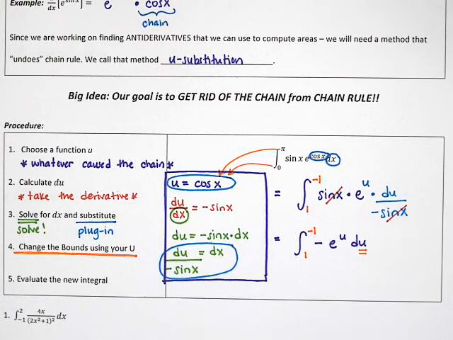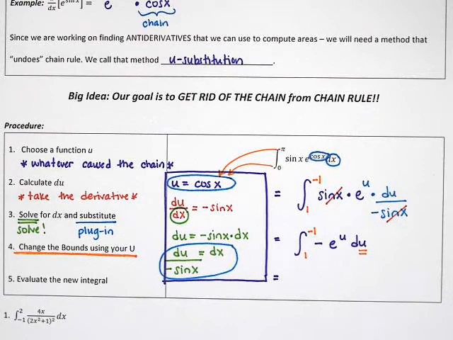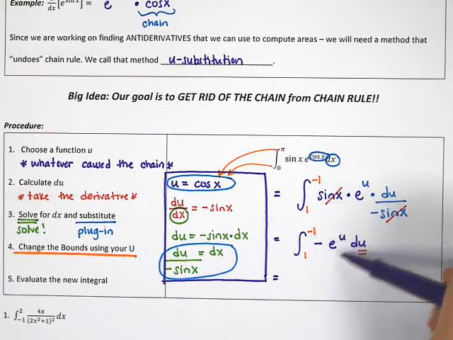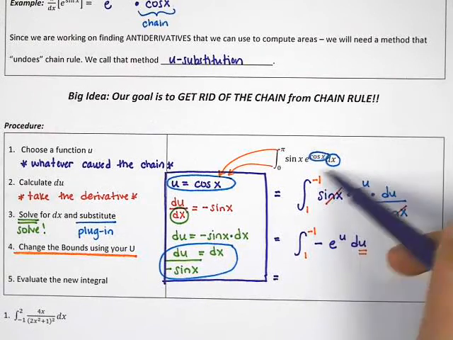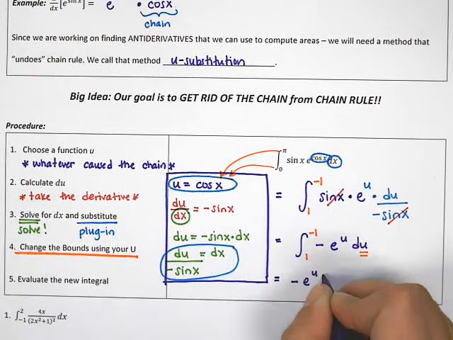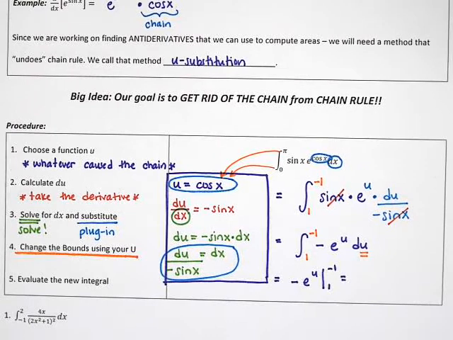Finally, we're going to evaluate our new integral and simplify. Well, it turns out it's much easier to do the antiderivative of negative e to the u than it is to do the antiderivative of this. The antiderivative of negative e to the u is just negative e to the u, evaluated between 1 and negative 1.